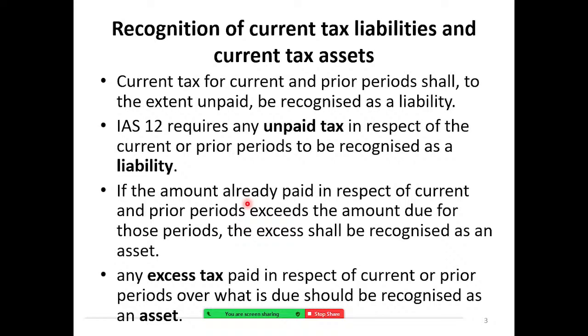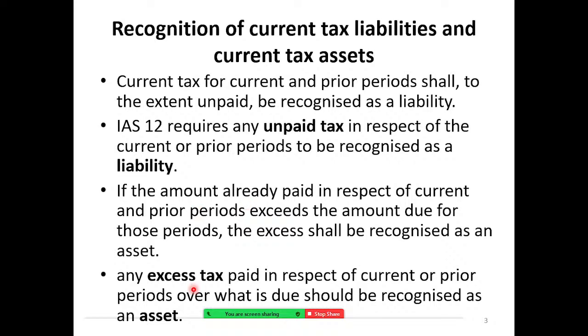If the amount already paid in respect of current and prior periods exceeds the amount due for those periods, the excess shall be recognized as an asset. So here it is very clearly stated that if the entity paid in advance, or paid more than the actual amount, then that amount should be recognized as current tax assets.